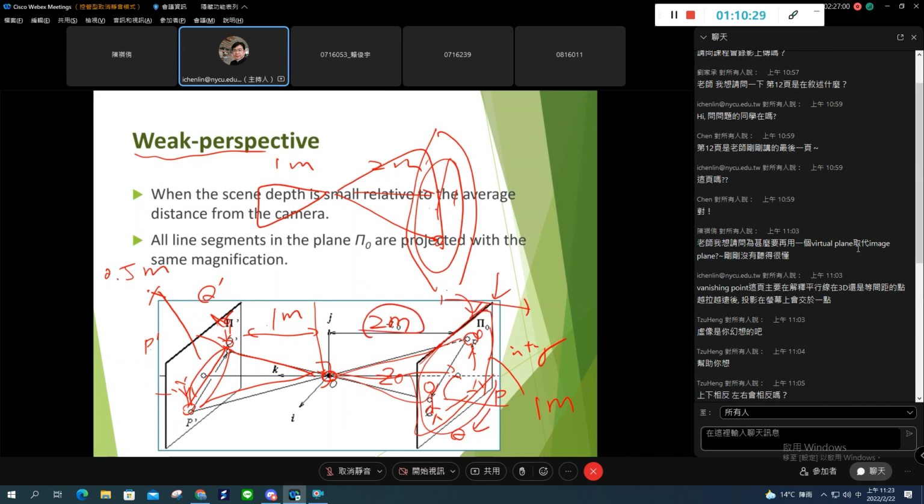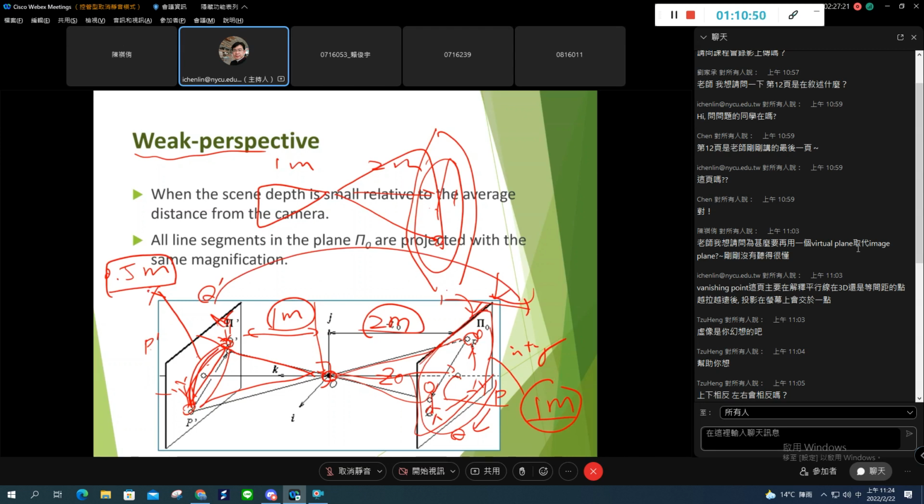So we can simply, based on their ratio, estimate the corresponding movement. For instance, if we can detect a 0.5 meter movement here, we can estimate that the original movement in 3D is supposed to be 1 meter. Yeah, just based on the ratio.